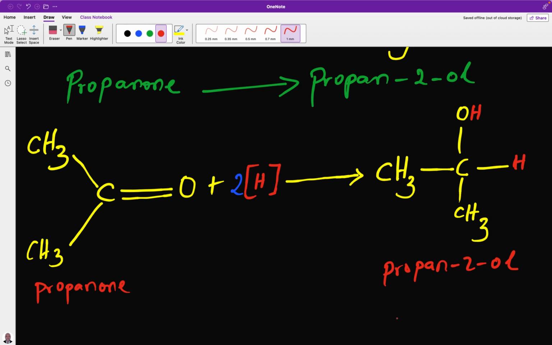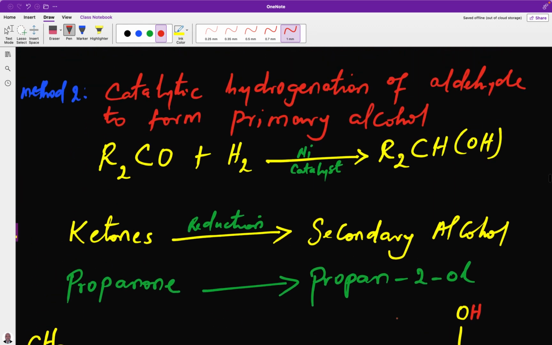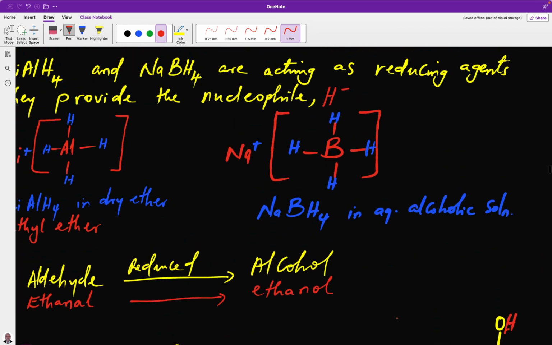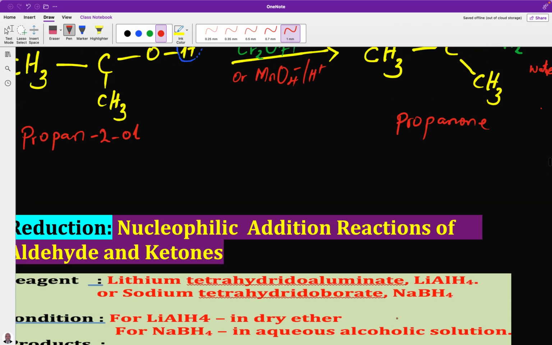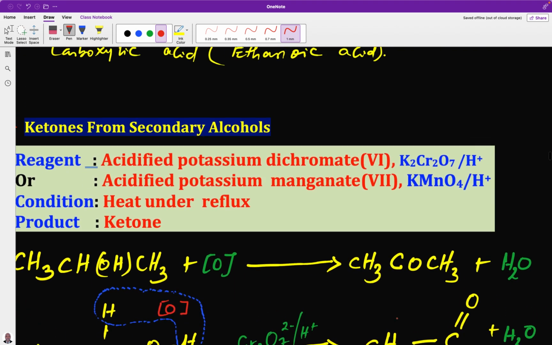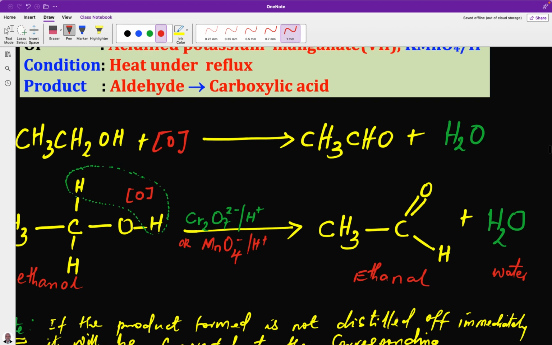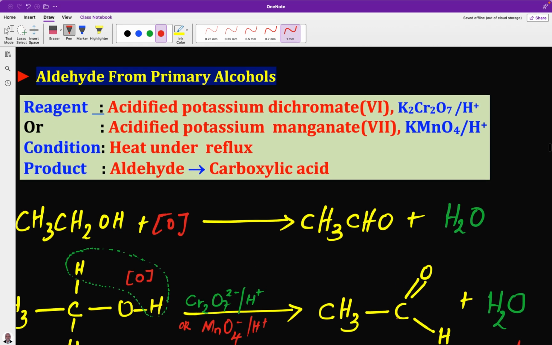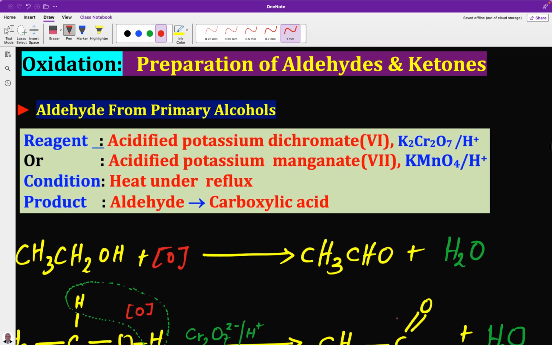So a recap of our study today. We have treated oxidation and reduction of aldehydes. Preparation of aldehydes and ketones using oxidation.